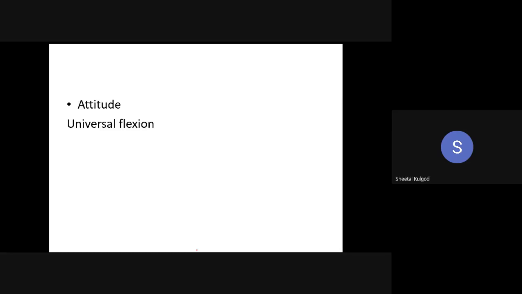As you all know, the attitude of the fetus is always one of universal flexion. In the sense that all the joints of the fetus are in flexion mode. There is flexion at the neck, and the limb joints, the hip joint, the knee joint, all the joints are flexed, and therefore the attitude of the fetus is universal flexion. So that's a normal attitude, right?